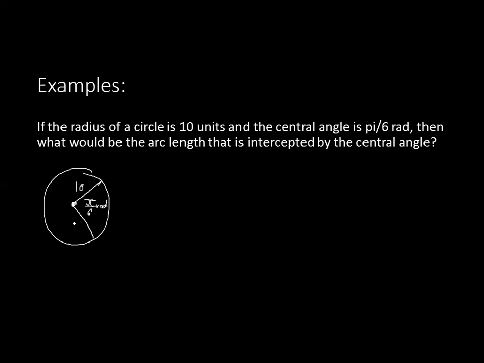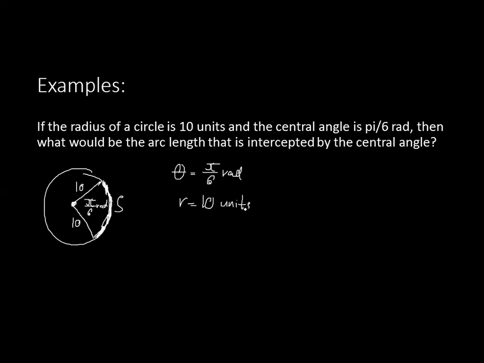Then the radius of a circle is 10 units. Then the arc length, basically here, this one, let me just thicken it, this one is our S. So let's label the given. We have pi all over 6 radians, and we have radius is equal to 10 units.